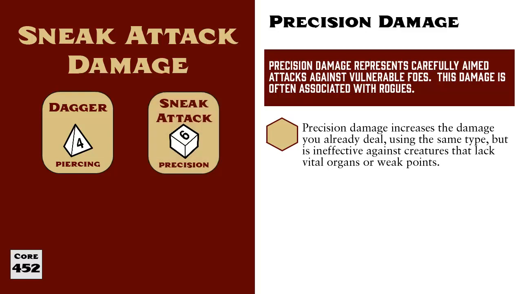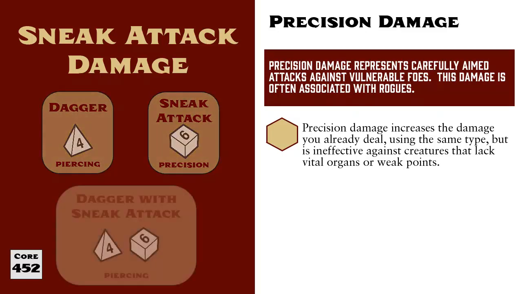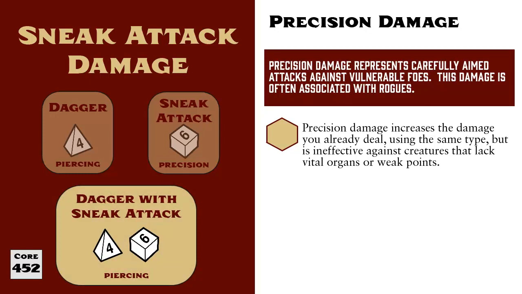But these are not 2 different pools of damage. You wouldn't apply 1d4 piercing for the dagger and then 1d6 precision damage for the sneak attack. Instead, the precision damage increases the base damage, meaning this rogue would deal 1d4 plus 1d6 piercing damage when they score a sneak attack with a dagger.